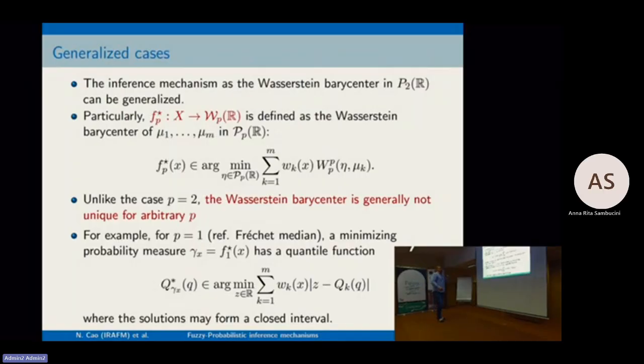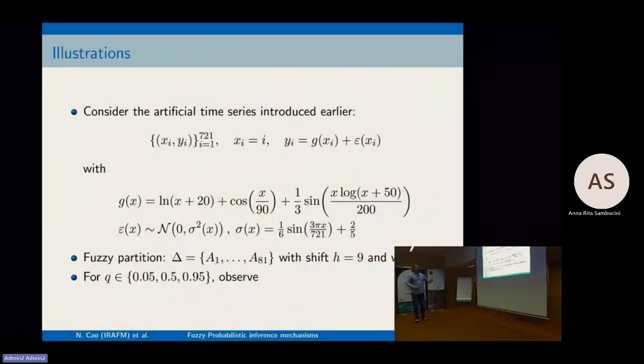But the problem is that for different p, we can get more results, more measures. Because you remember from maybe secondary school that if we calculate the median or some quantile, it is not uniquely determined. It depends on the definition. In the same way, we can get more such quantile functions.